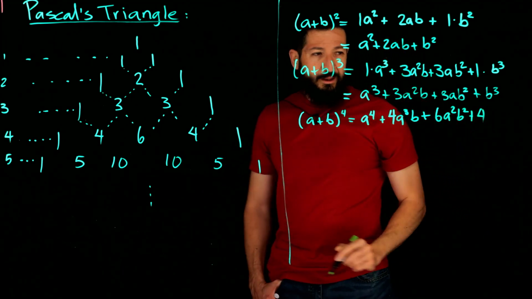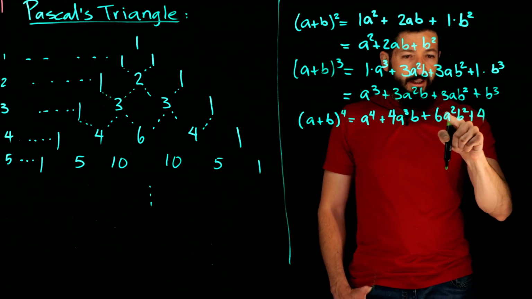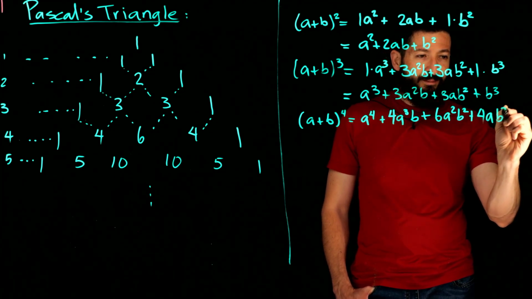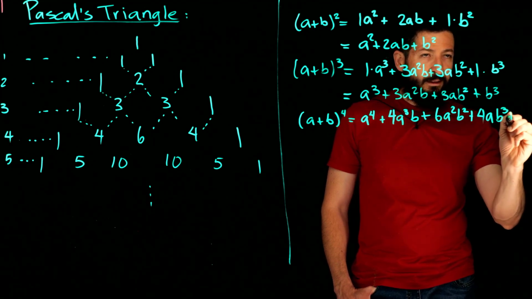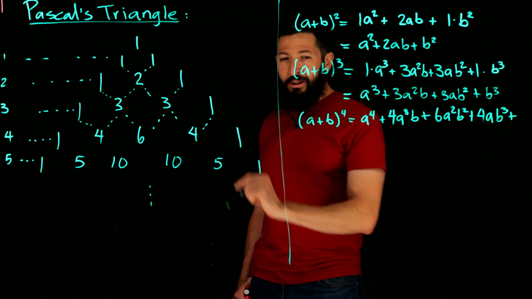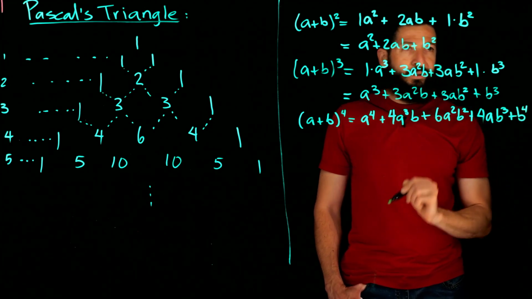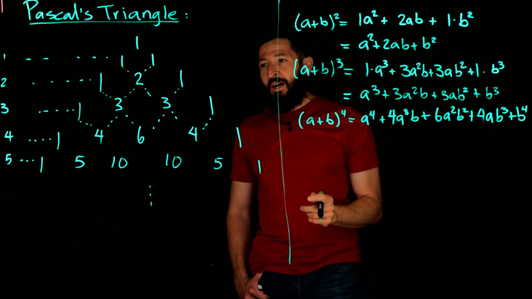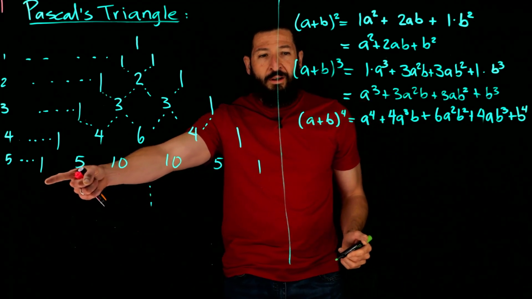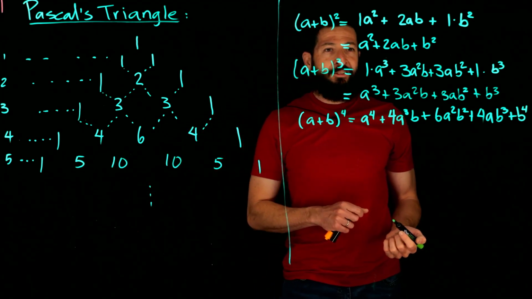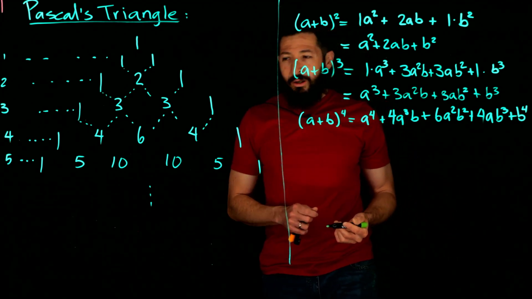Then I get 4, which is my next coefficient. Decrease 1, increase 1. The last one is just 1, which is b to the 4th. Perfect. All right, so right there you see how you can compute. Now, if you wanted to do a plus b to the 5th, you just follow these numbers. And this is a lot faster than trying to FOIL it out or whatever.